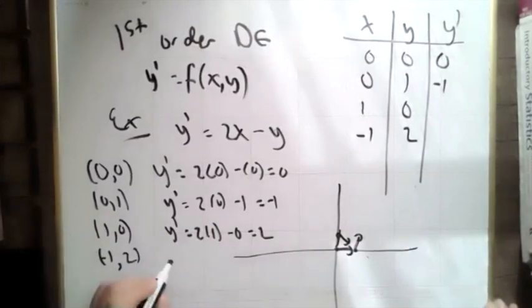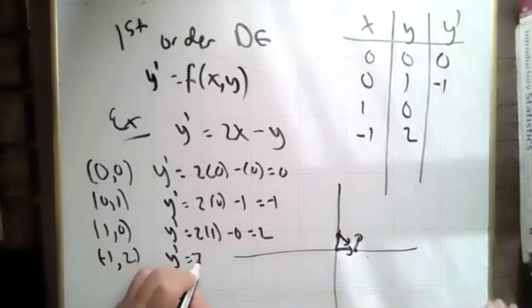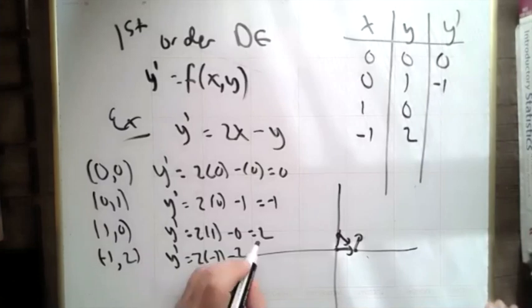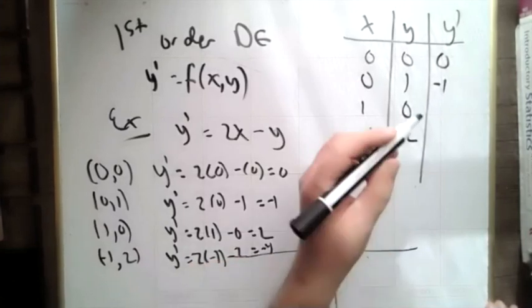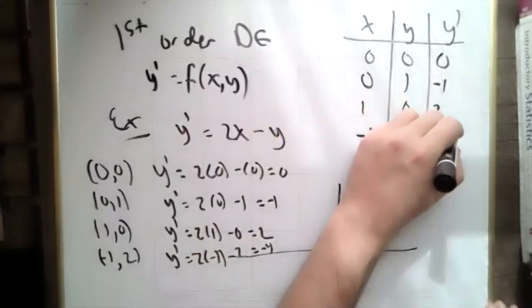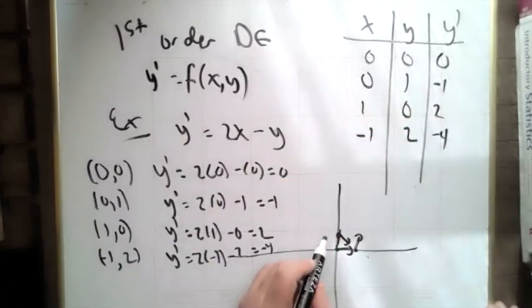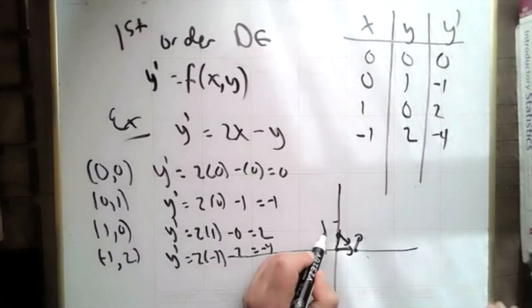(-1, 2). So 2 times -1 minus 2. So that'd be what? -2 minus 2. I think that's -4. So at the point (-1, 2), I would have a slope of -4. So it would be a lot more down.